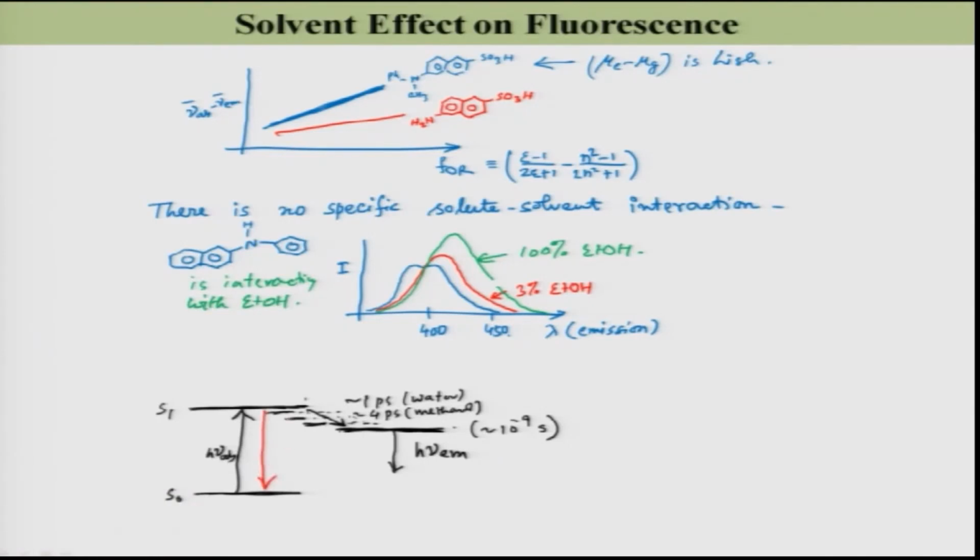After some time there will be a little bit of reorientation of the solvent, so now the emission will not be this much of energy, but this much of energy. After some time emission will be this much of energy, and at the end emission will be this much of energy. It means that with time the emission spectra will shift towards the longer wavelength or red side.